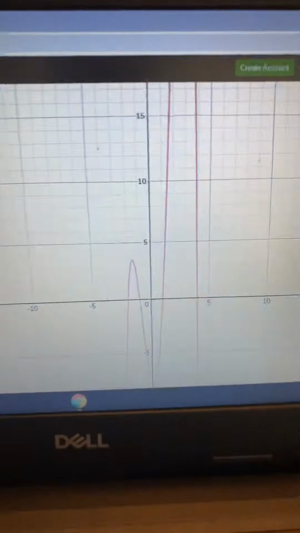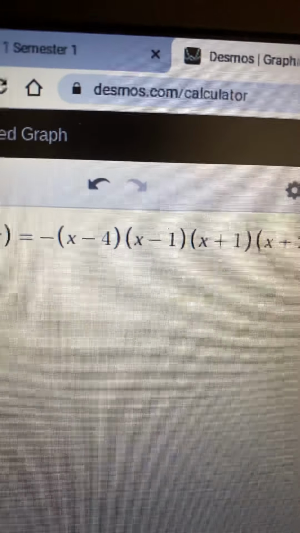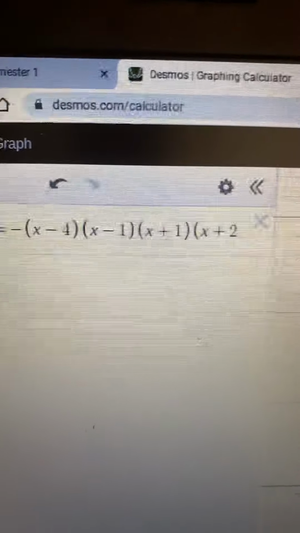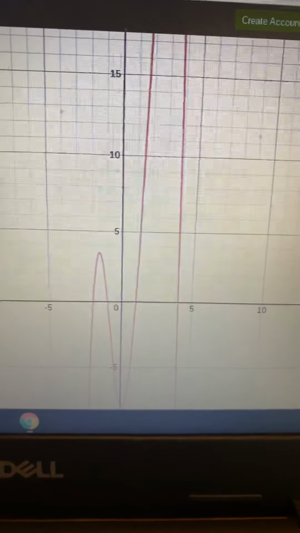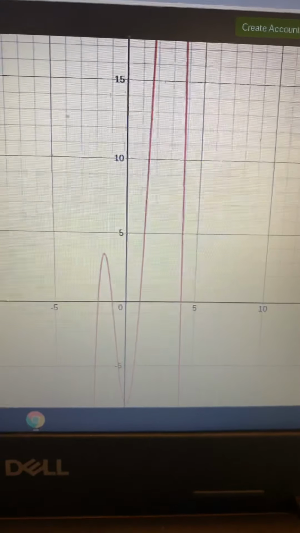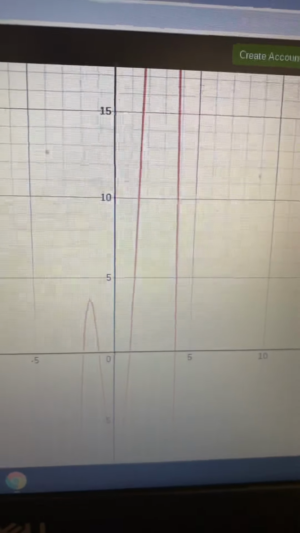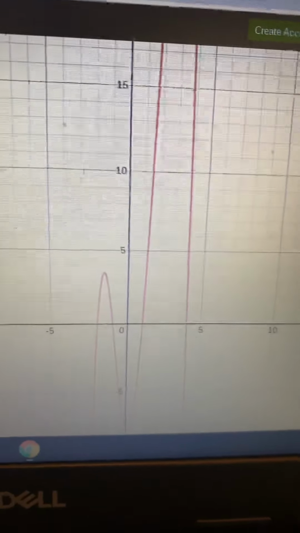Sorry guys, this is my Desmos graph that I've already put in for us. There's the negative, x minus 4, x minus 1, x plus 1, x plus 2. Those are the various factors, and this is the function that it yields. And Ava, just hold it right in front of me so I can do this quickly. I'm out of time. So if we look at this, where again is the function itself negative and positive?